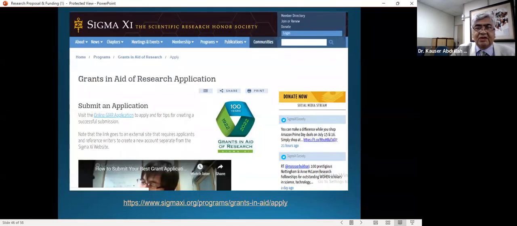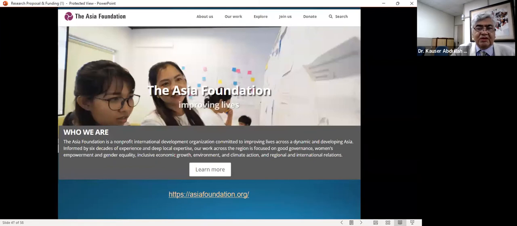Sigma, the Scientific Research Honor Society. This is also something interesting. The Asia Foundation is also an agency which supports research, not necessarily individual research, but for groups or teamwork, you see.